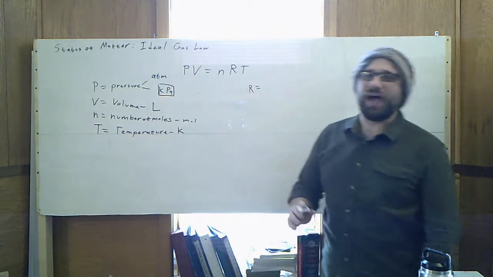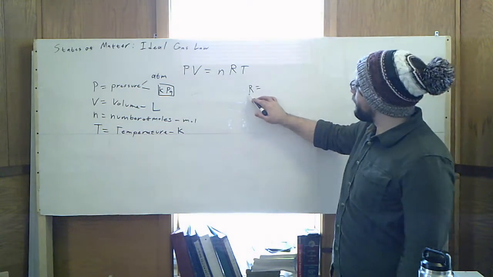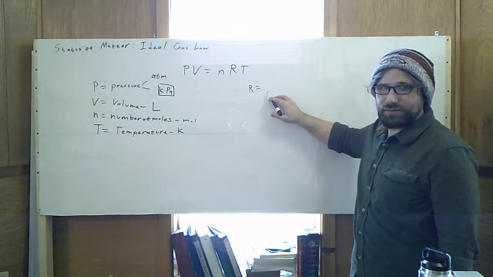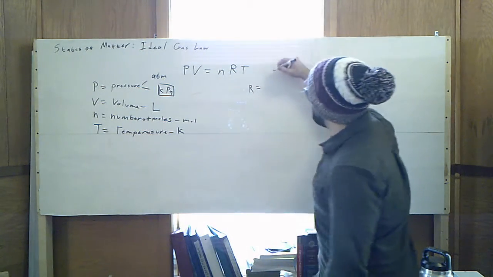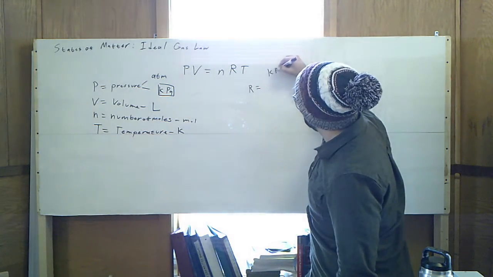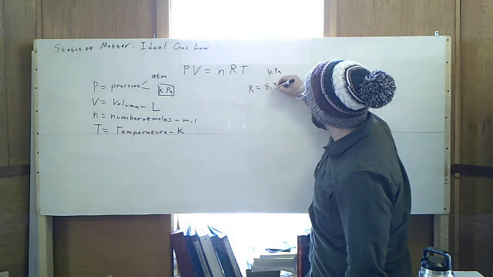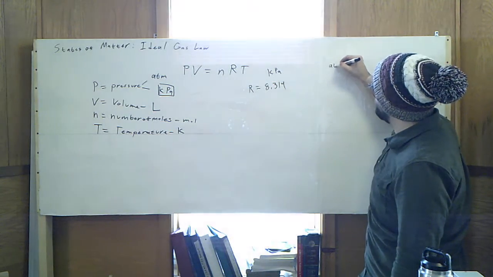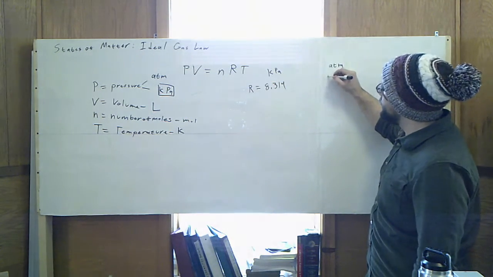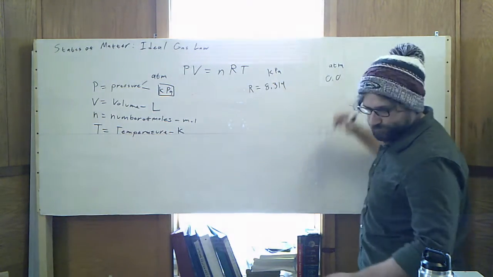So with that in mind, we need to put a number to this constant. So the value of R, if we're using kilopascals, is going to be 8.314. If we're using atmospheres, it will be 0.08206.